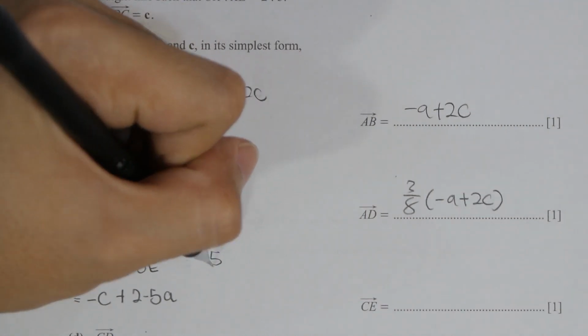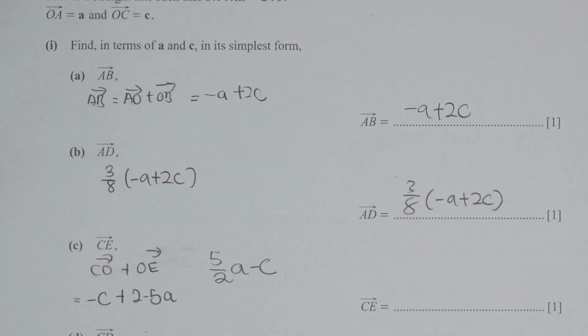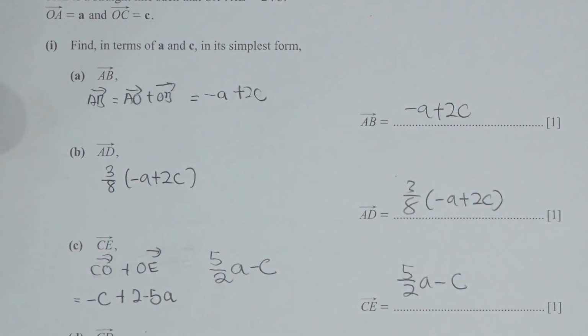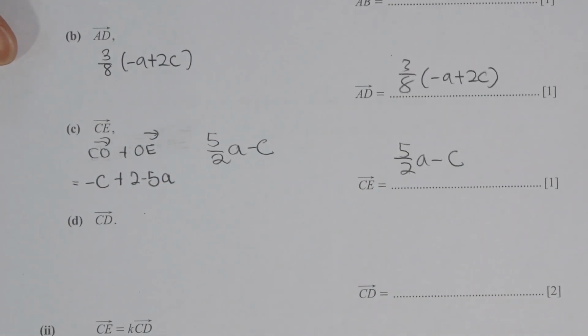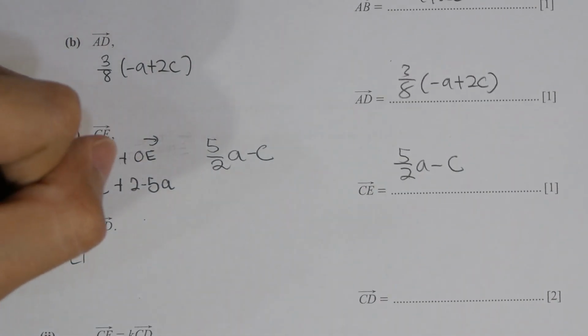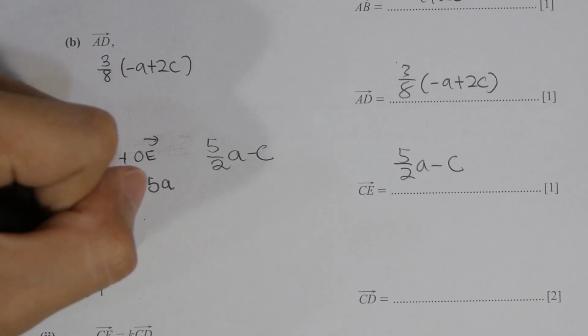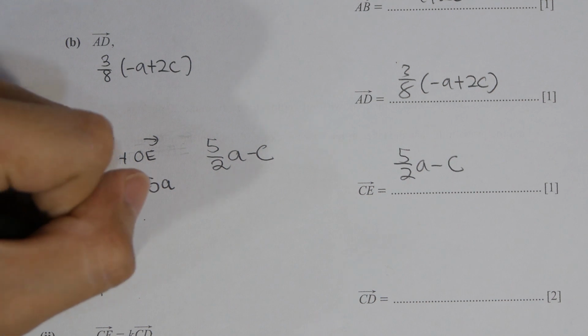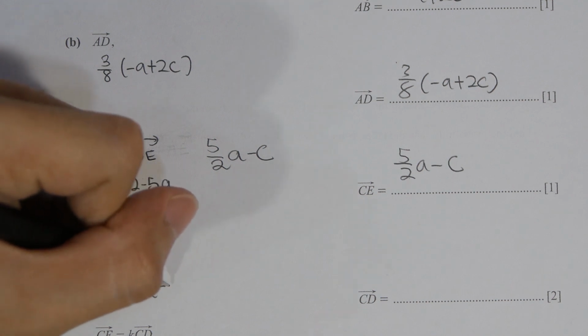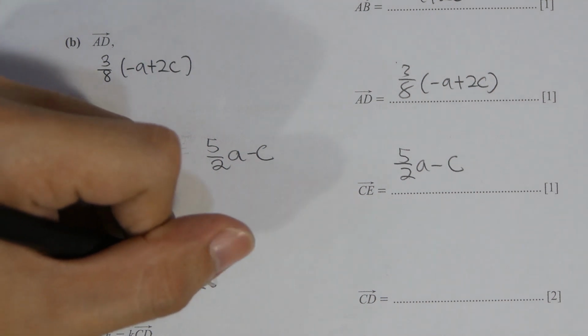So the result here will be 5 over 2 A minus C. For part D, CD equals B plus 5 over 8 AB. So the result is 5 over 8 A minus 1 over 4 C.